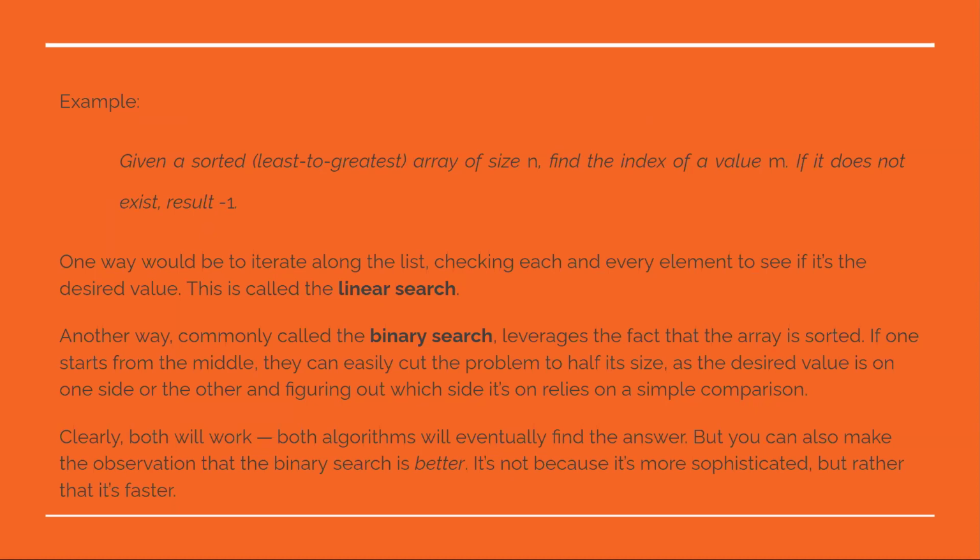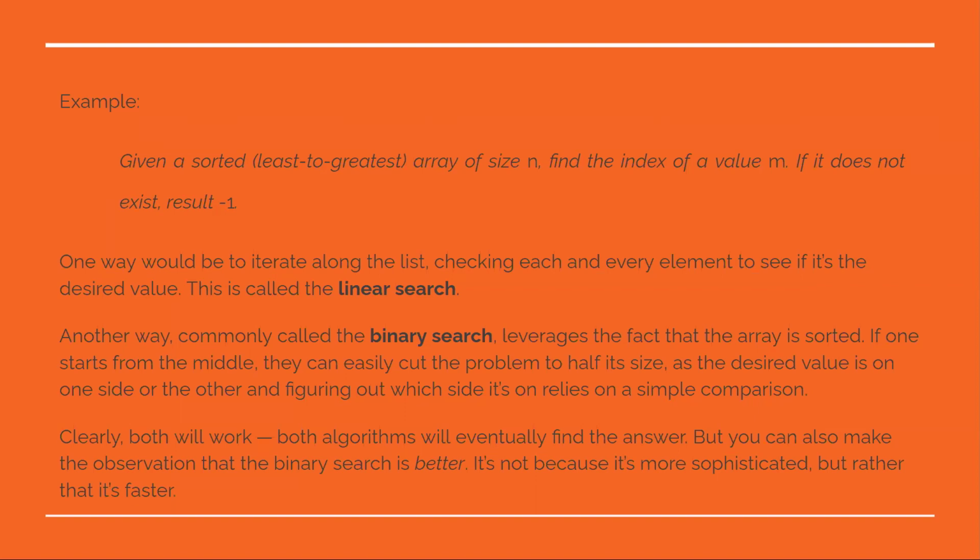Another way, commonly called the binary search, leverages the fact that the array is sorted. If one starts from the middle, they can easily cut the problem to half its size, as the desired value is on one side or the other, and figuring out which side it's on relies on a simple comparison.